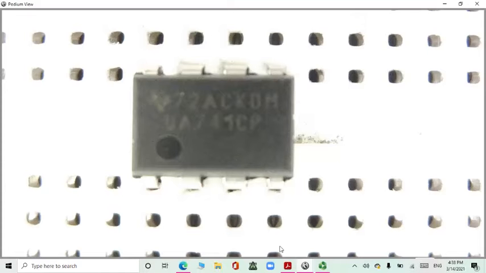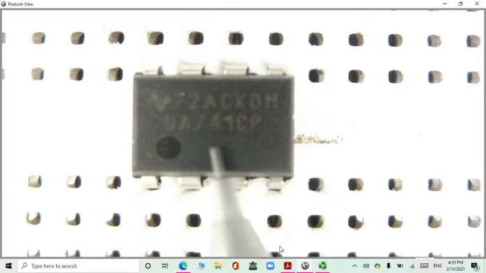And the initial IC simply means that the op-amp is made inside an integrated circuit. So op-amps have a total of 8 pins, and out of those 8 pins, one is inactive, which is pin number 8.